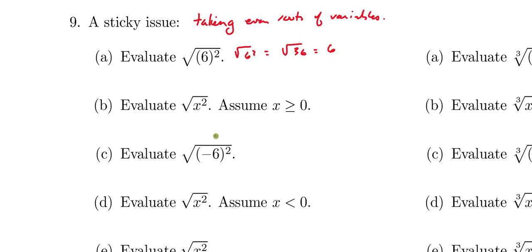Now, here we're going to ask you to take the square root of the variable x squared. Normally this would be kind of a delicate procedure, but here I'm telling you, you get to assume that x is greater than or equal to 0. So if that's the case, when we go to find the square root of x squared, because we're being asked to find the principal square root and x is positive, we're just going to end up with x.